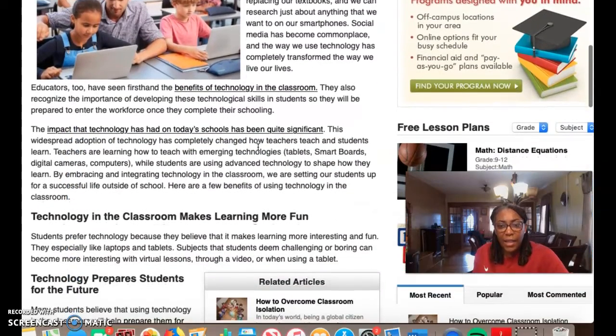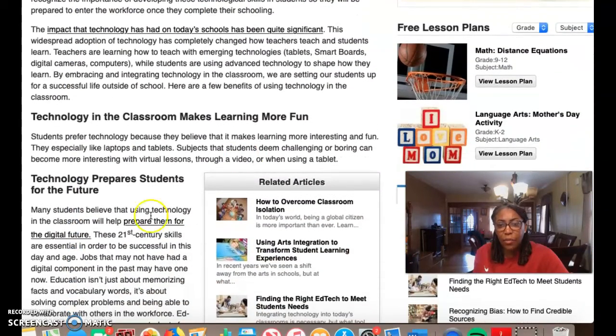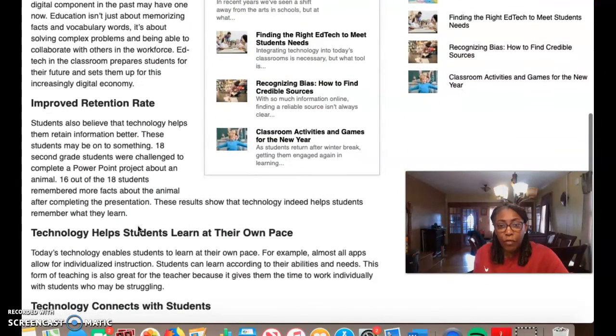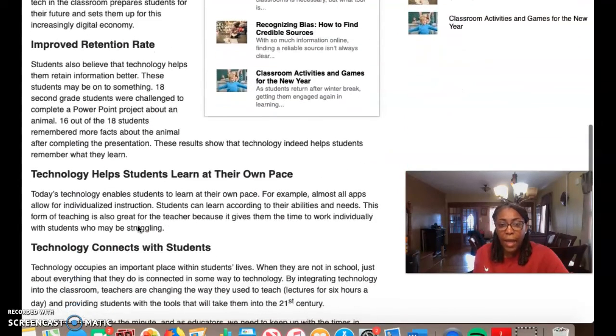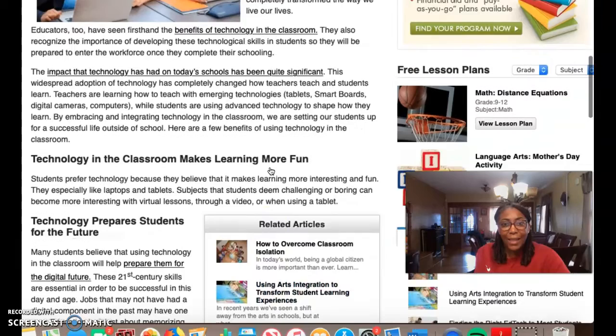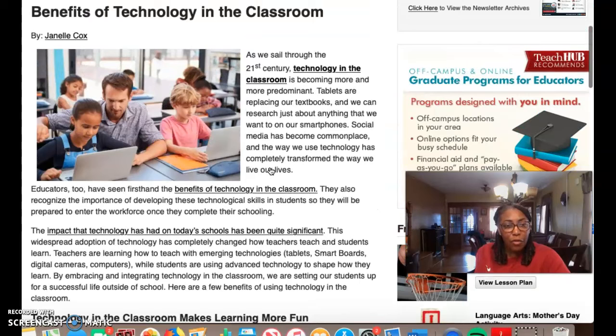She emphasizes that technology in the classroom can help prepare students for the future, can improve retention rate, helps them learn at their own pace, and connects students with different parts of the world that they may never encounter. So including technology in the classroom, I believe, will give our students a greater benefit than we even had.